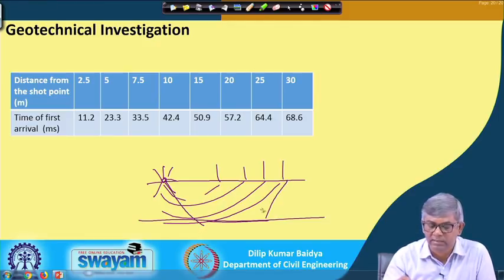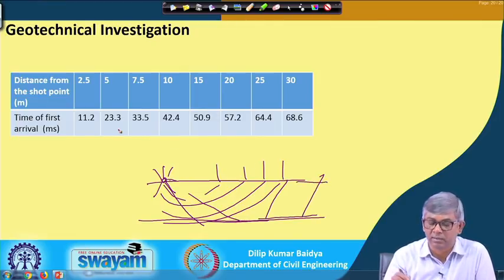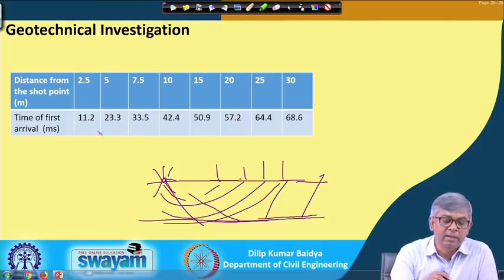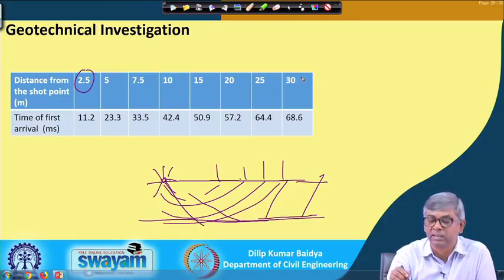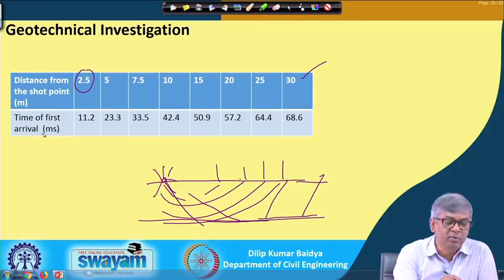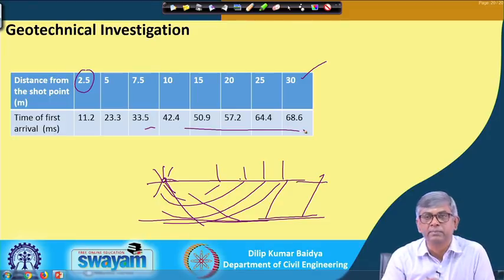So, a number of receivers are there, and the distances from the shot point 2.5, 5, 7.5, 10, 15, 20, 25, 30 are given, and the time of first arrival, suppose in milliseconds 11.2, 23.3, and so on, are given.